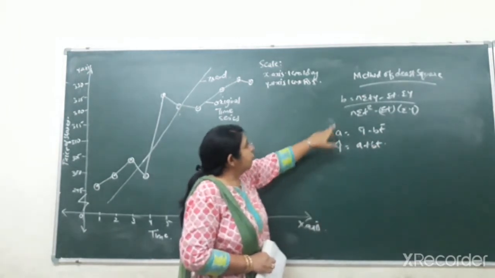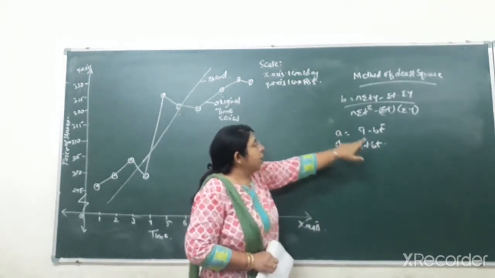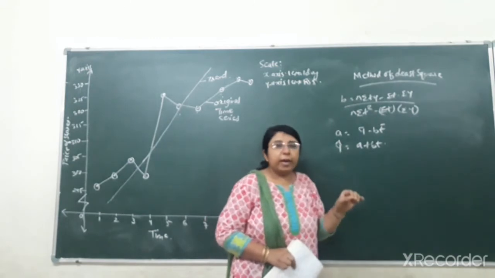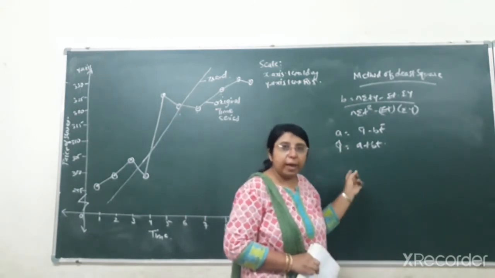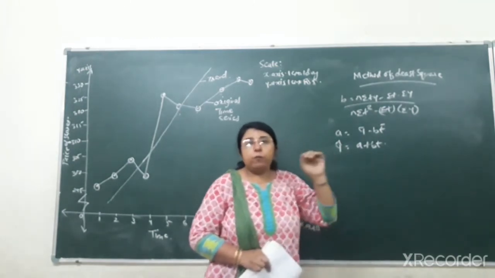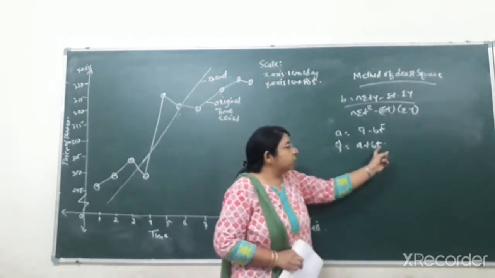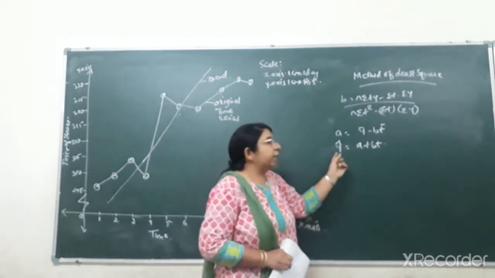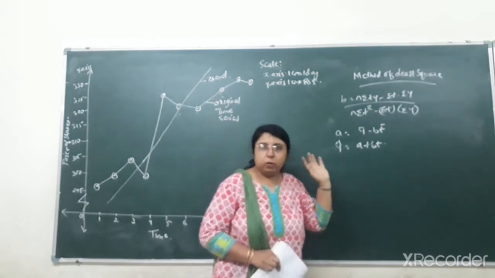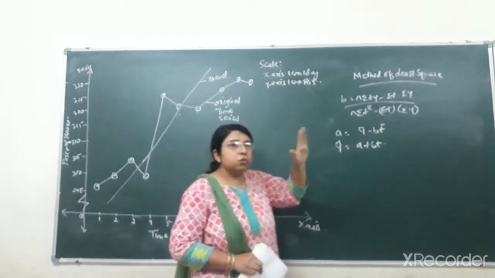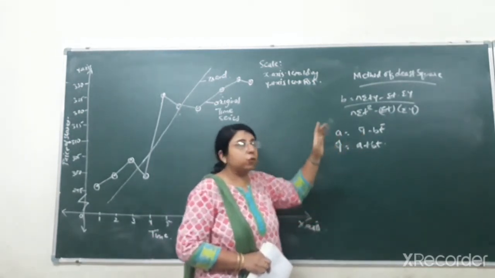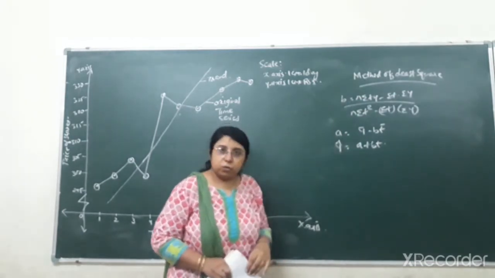You have found the value of a and b by both these equations, and you will be asked to find the data of y at a particular time or of a particular year. Accordingly, you put the year in place of time and you will find the estimated value of y. Okay, so these are very easy formulas. Students, you have to remember these three formulas for this method, that is the method of least square.